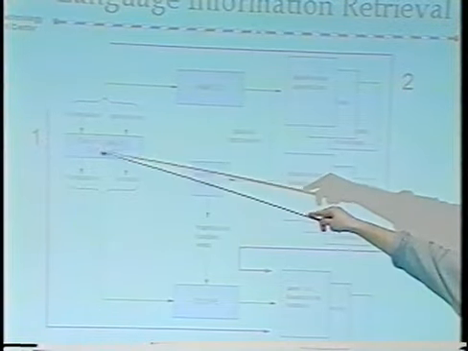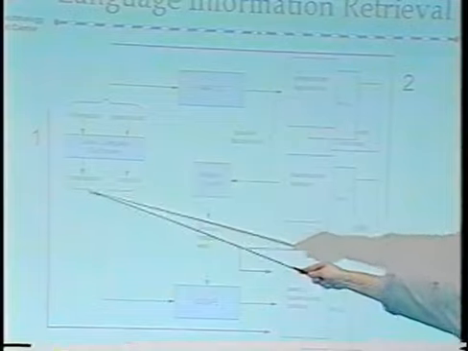But so this is our input phrase. And what we have done in cross-language retrieval, and what most systems do, is they translate that using a dictionary or a translation software into a query in the foreign language. And then you index in the foreign language and retrieve documents like that. Okay? That's one way to do it.